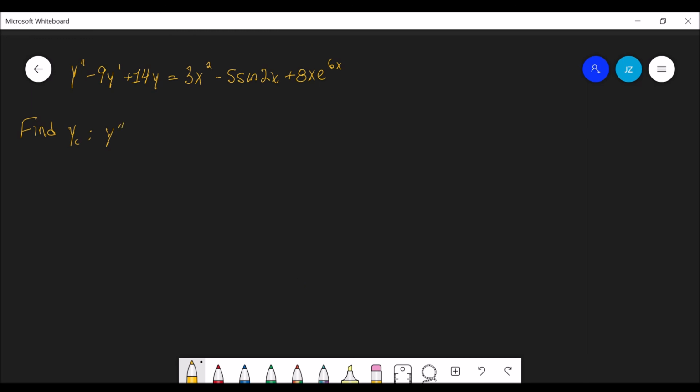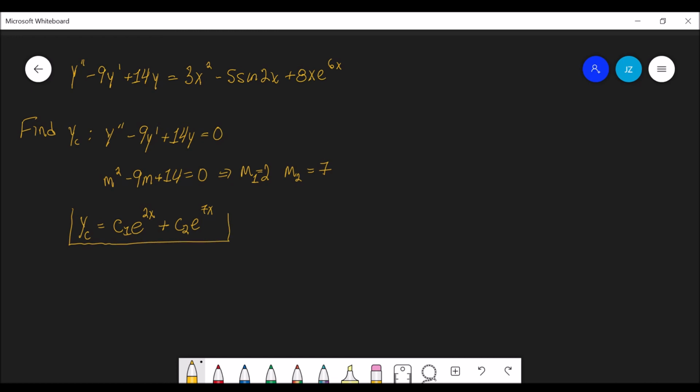So we solve the differential equation y double prime minus 9y prime plus 14y is equal to 0. And of course we did this in the last lecture. We need to find the auxiliary equation and then solve for m. So we get that m1 is equal to 2 and m2 is equal to 7. So the complementary function is c1 e to the 2x plus c2 e to the 7x.